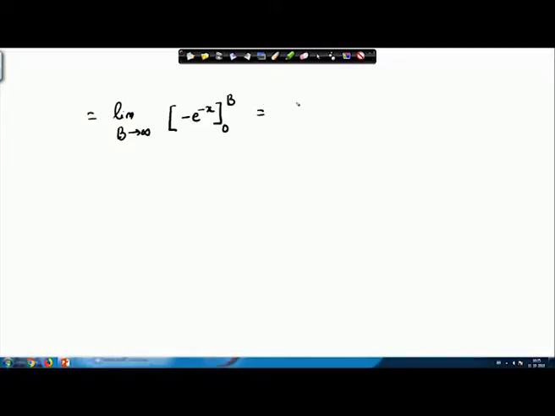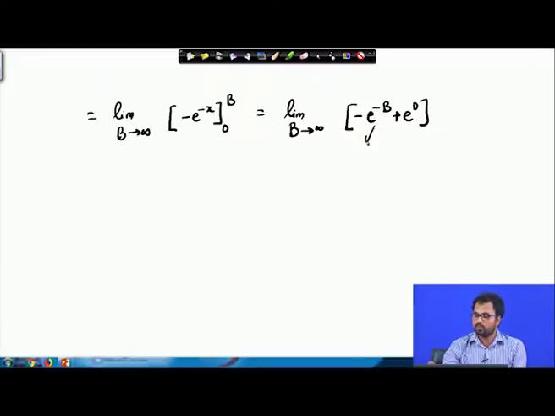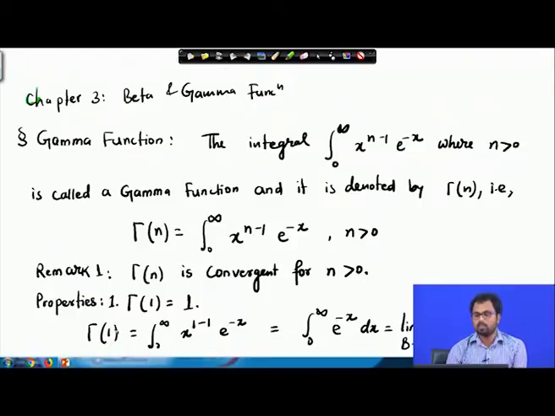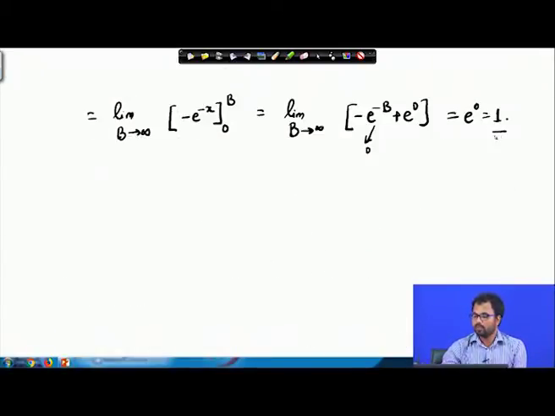Then this will be the limit b goes to infinity of e to the power minus b plus e to the power 0. When b goes to infinity, e to the power minus infinity goes to 0. So this term goes to 0, and since the other term is a constant, it remains unaffected by the limit, and therefore we have e to the power 0, which is 1. This is the first property, that the value of gamma 1 is 1. So, this property is verified.